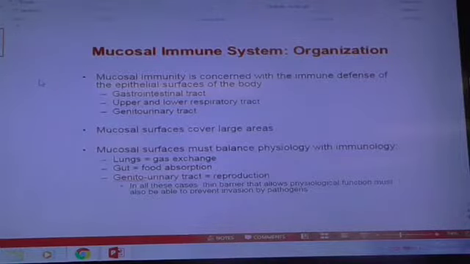And if it's less than 400 milligrams per deciliter, that's complete failure of passive transfer. Okay, so the rapid test again is zinc sulfate turbidity test, which is good for dairy farms. It's cheap and we can use it.